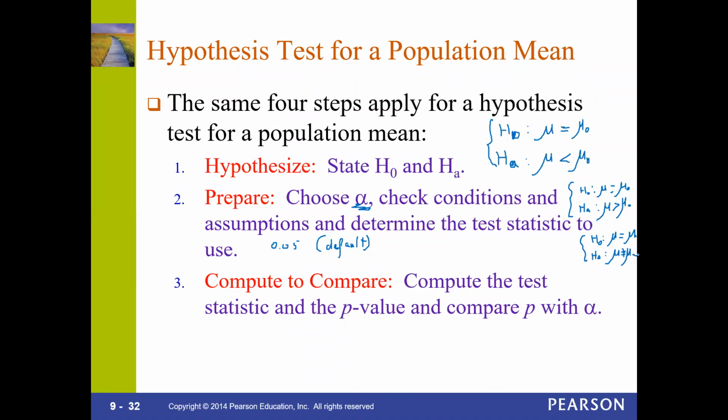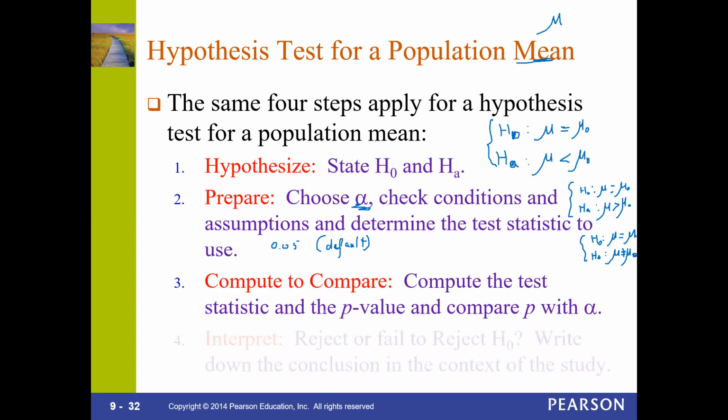Remember, HA only takes inequalities. For the top one, H0 only takes equalities. That's what I said last class when we were doing the population proportion. Now it's the population mean, mu.